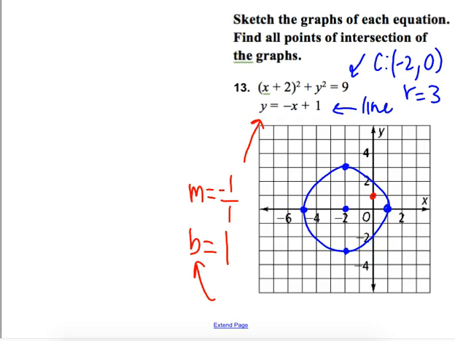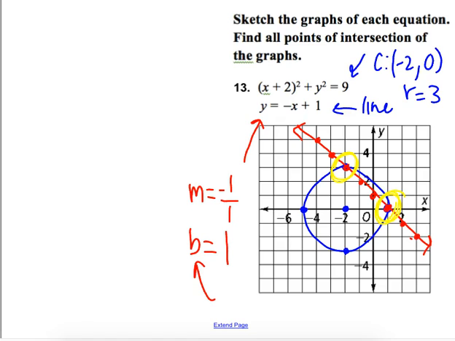You remember your slope is rise over run. So down 1, over 1, down 1, over 1, down 1, over 1. Come the other way, up 1, over 1, up 1, over 1, and so forth. This one worked out pretty nice. We have 2 points of intersection, right there and right here.